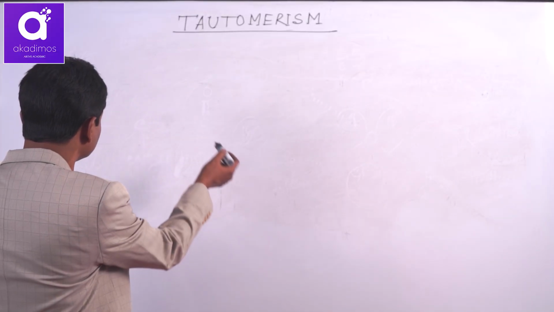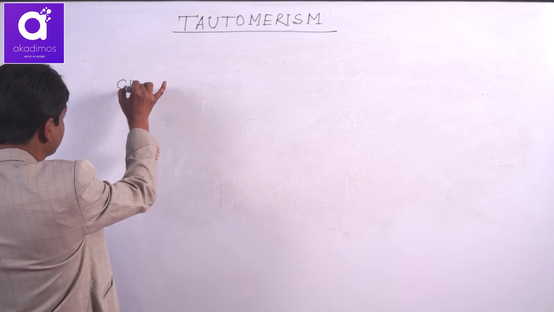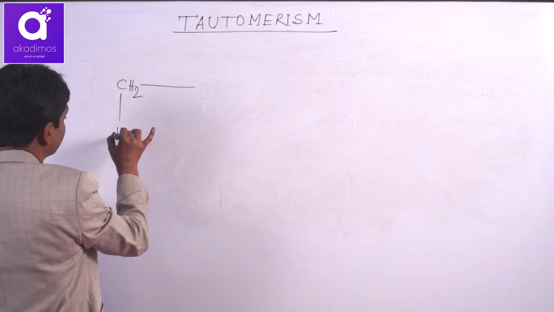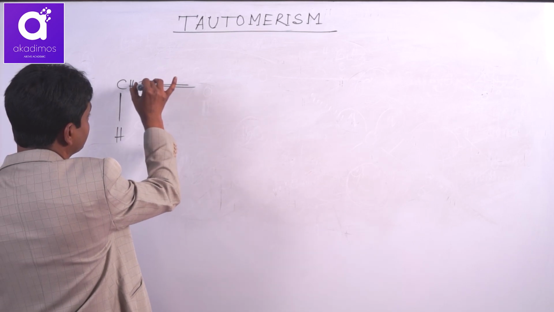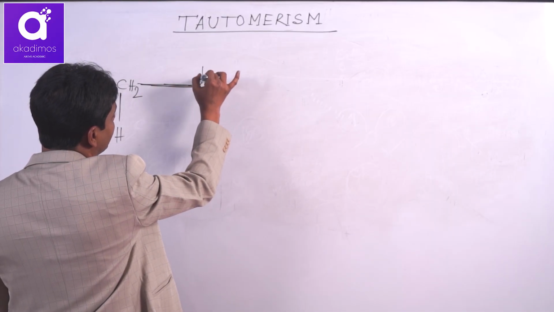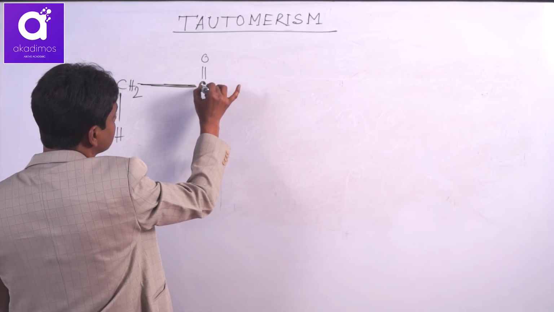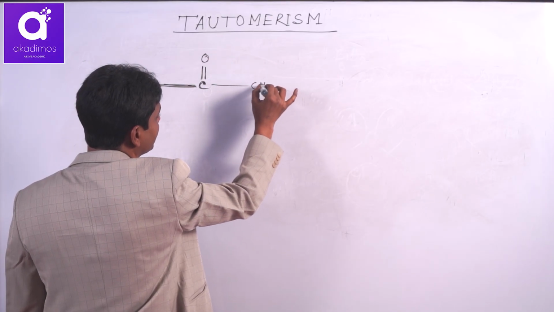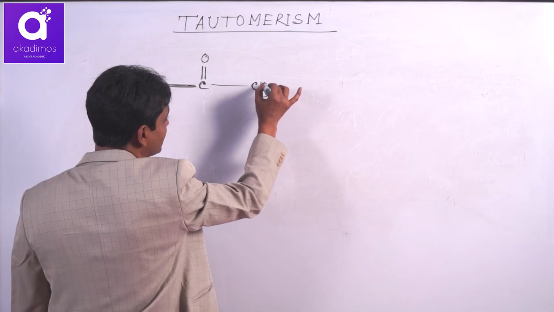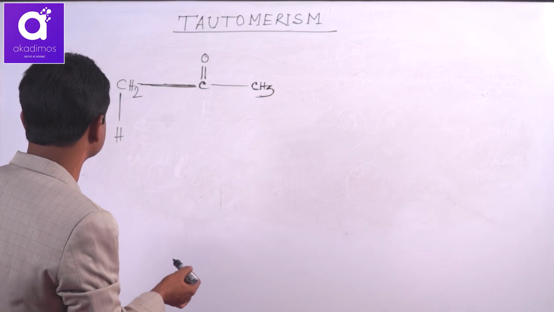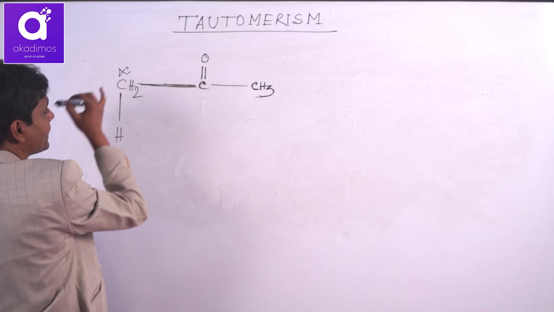Actually, here also the alpha hydrogen of aldehyde or ketone, mainly, will show the tautomerism phenomenon. It has reality, not hypothetical like hyperconjugation. It has direct evidence. This is alpha.